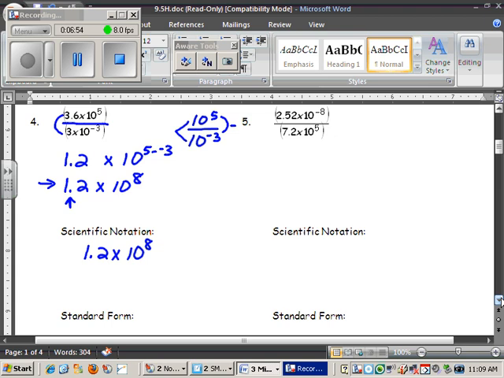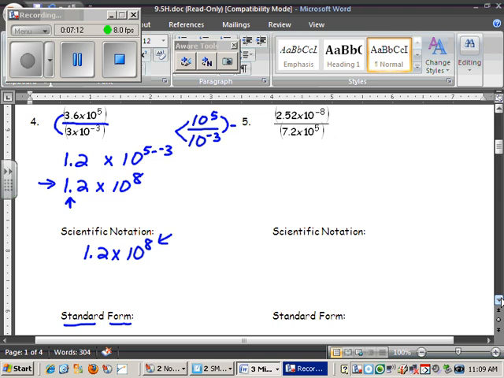From here, we want to write that in standard form. You can see the exponent is larger than 1, is positive, so your original number, the standard form of the number, should end up being larger than 1.